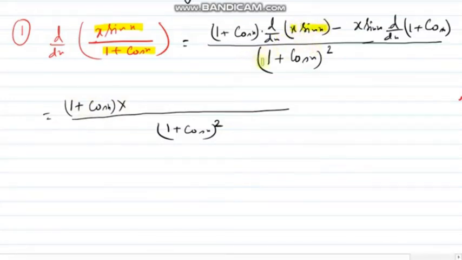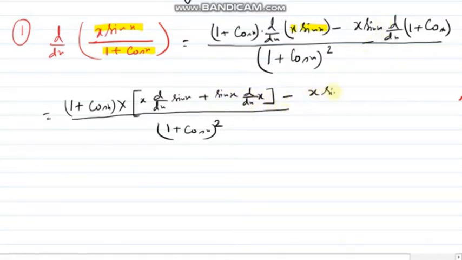We have two functions of x, so we have to apply the product formula of d/dx of u into v. What will be the formula? It will be u into d/dx of v plus v into d/dx of u, minus x sin x into, what is d/dx of 1? It's 0, and d/dx of cos x is minus sin x, right?